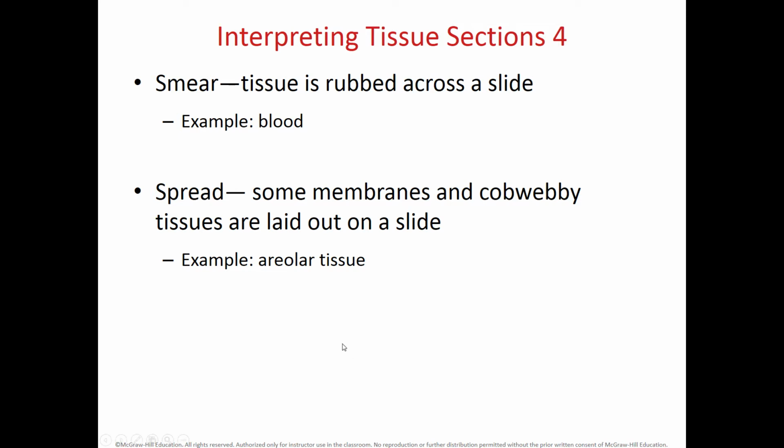And sometimes you can do spreads, which are similar to a smear, but in this case it's not a fluid tissue like blood. It's a solid or semi-solid tissue like in the case of areolar tissue. And we will see what areolar tissue is in just a few slides.